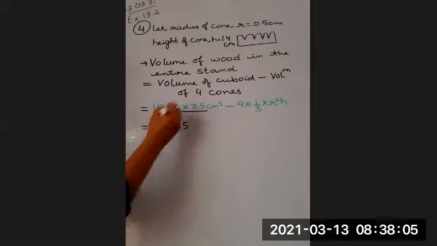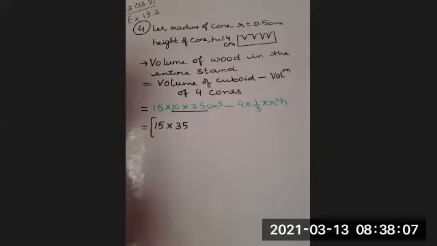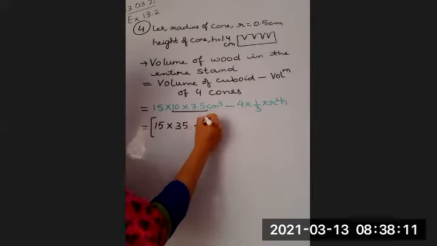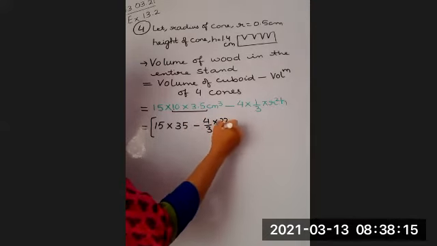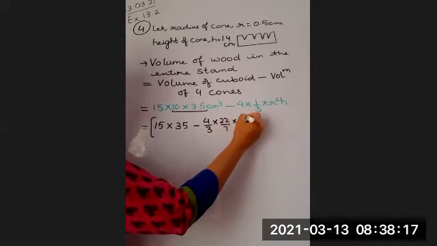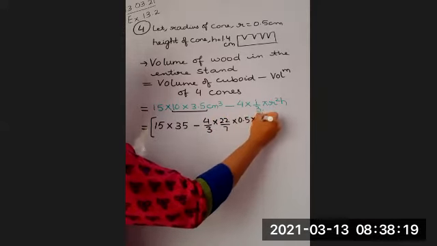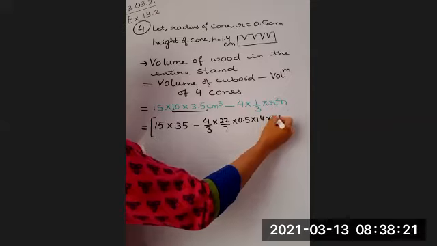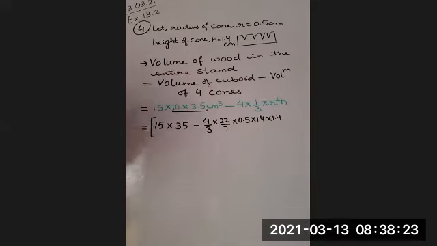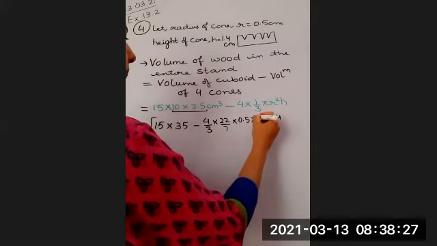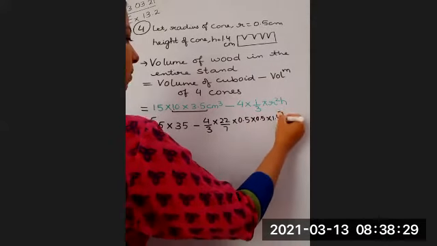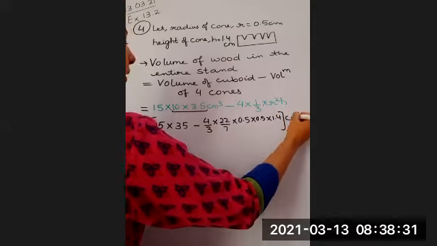So it will be just 35. Let us put the values here. Minus 4 upon 3 into 22 by 7 into 0.5 into 0.5 into 1.4. And outside the bracket, we can always put centimeter cube.